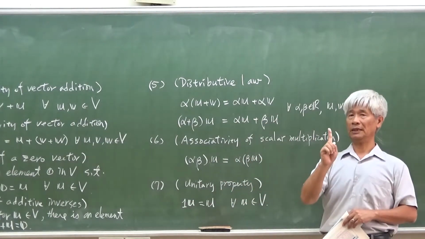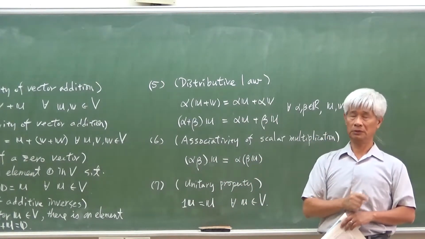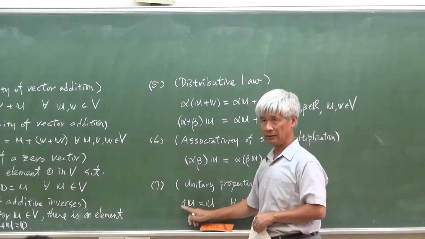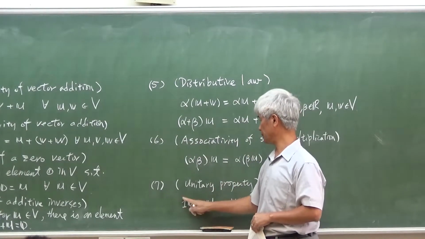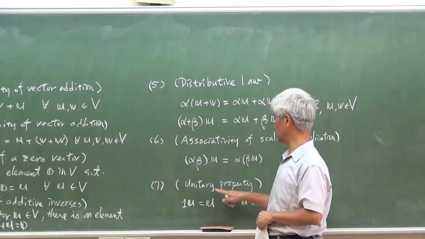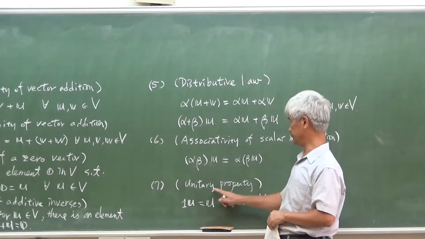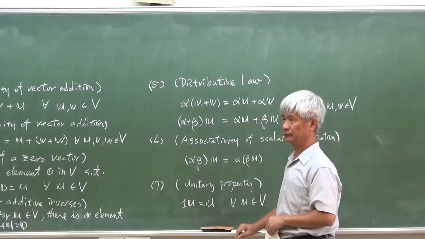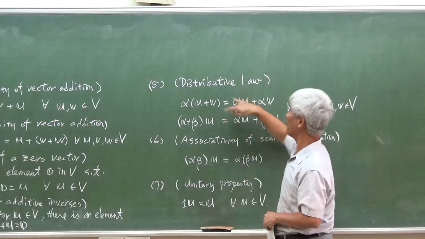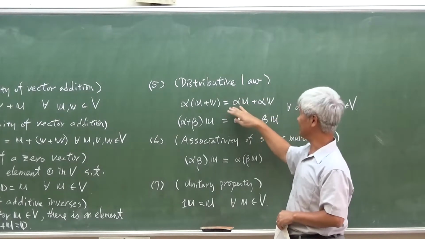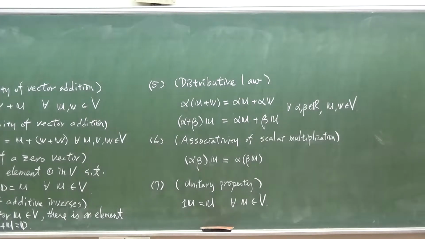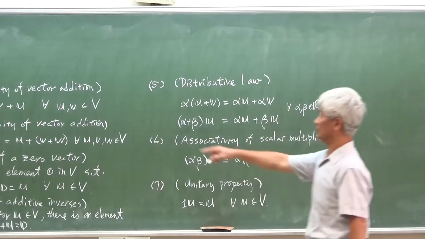The scalar 1 has a very special role. If you do the scalar multiplication between the 1 in the real numbers and a vector, you will not change it. It's called the unitary property, a very special kind of property. I just did seven because I combined the two kinds of distributive law together to make it simpler. All right, so this is the vector space.